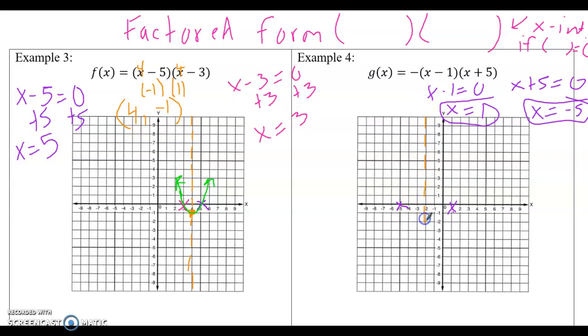So my vertex is somewhere on this line, and the x-coordinate is negative 2. Let's plug that into the equation to figure out the y-coordinate. Negative 2 minus 1 is negative 3. Then negative 2 plus 5 is positive 3.